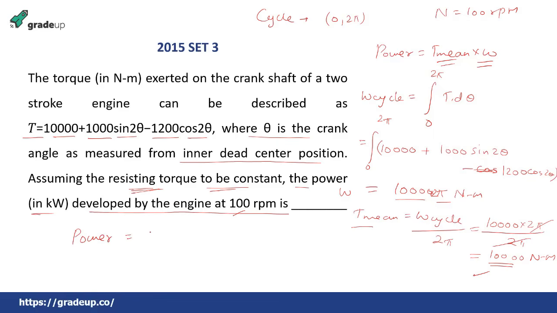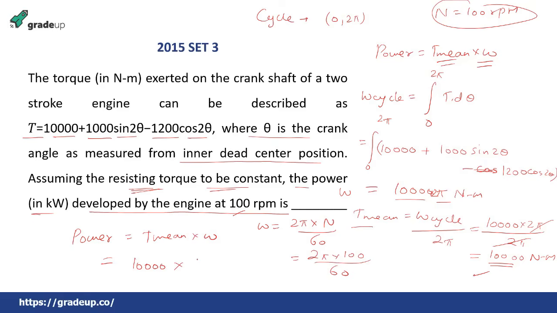Then it is very simple. Power is equal to T mean into omega, and omega is equal to 2 pi into N by 60, which is equal to 2 pi into 100 divided by 60, because N has been given to you as 100. So power is equal to 10,000 into 2 pi into 100 divided by 60.